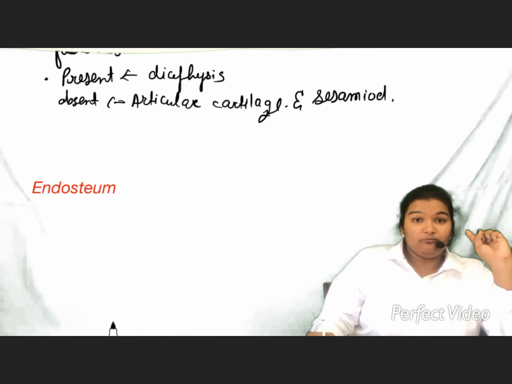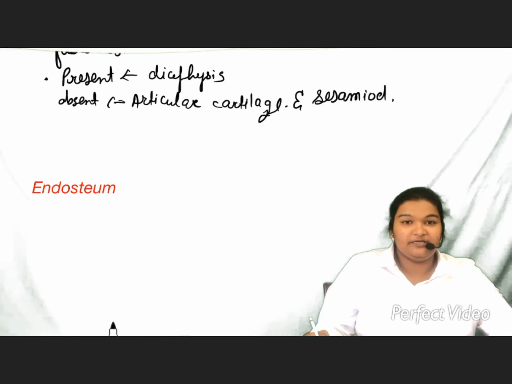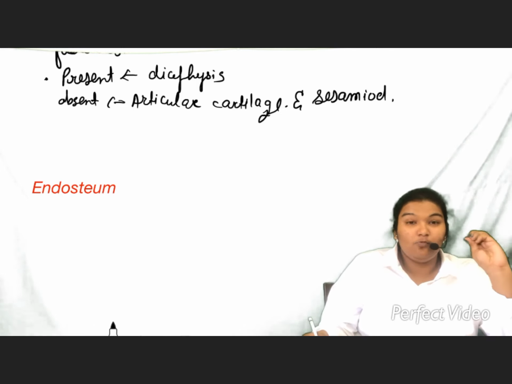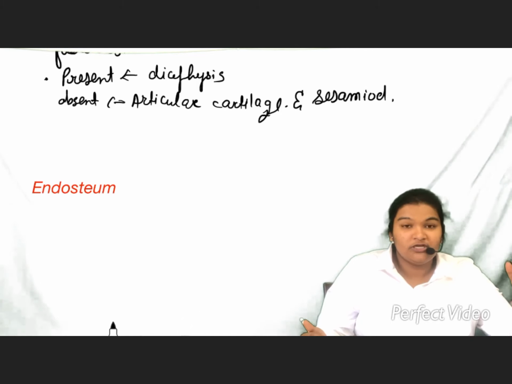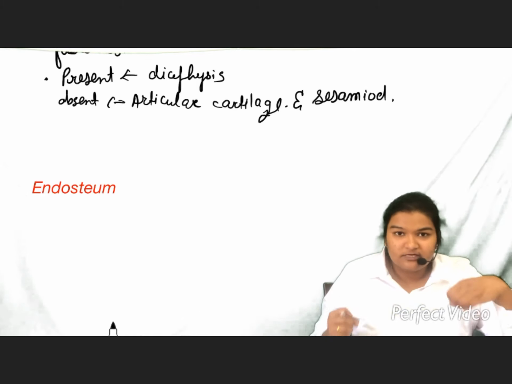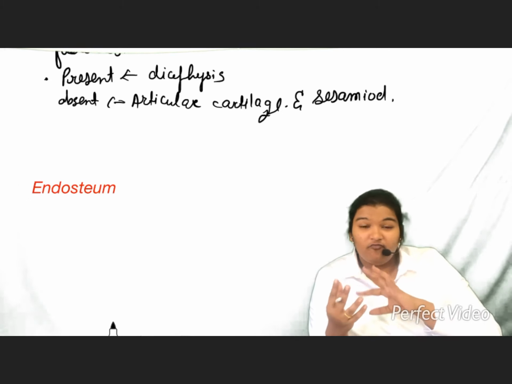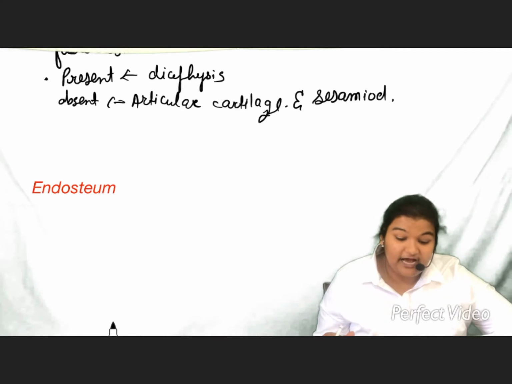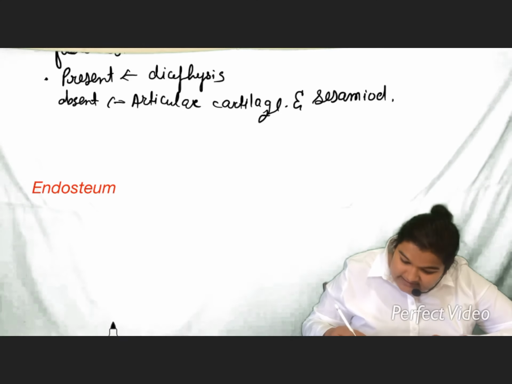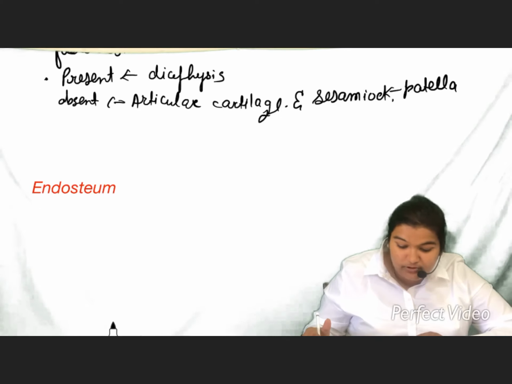Because of the absence of this periosteum layer, sesamoid bones are more prone to fractures, especially if attached to strong muscles. The sesamoid bone which commonly gets fractured is the patella, the largest sesamoid bone.